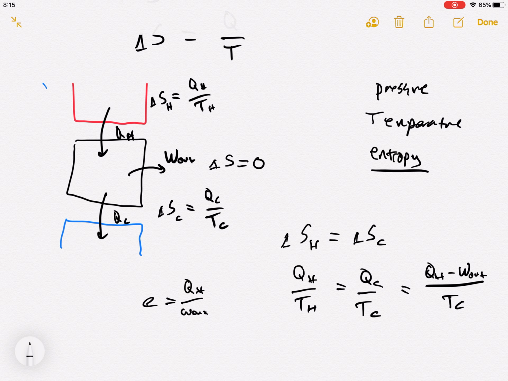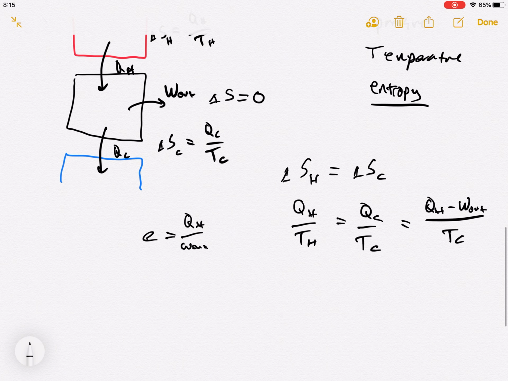So I could solve the system for Q hot over work. So how would I do that? Well, let's cross multiply maybe. Actually, let's just multiply by T cold. So I could go T cold over T hot times Q hot equals Q hot minus the work put out.